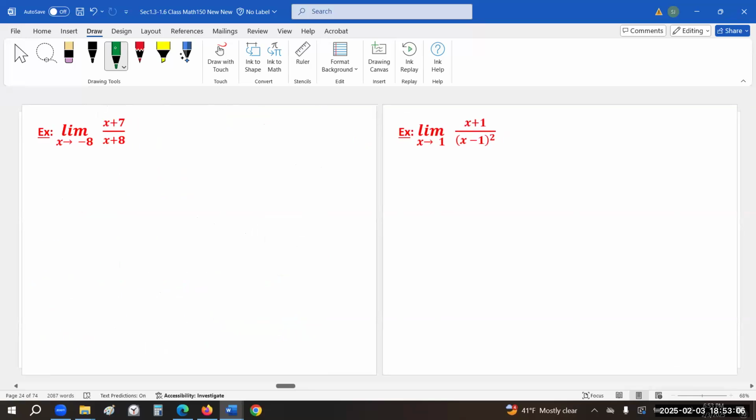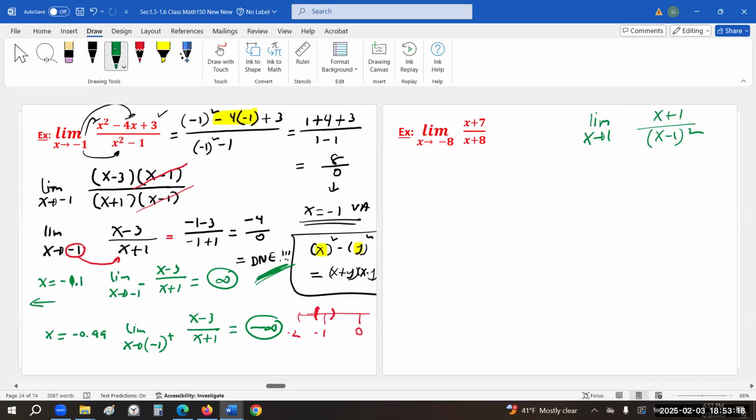I'll write this down here so I don't have to keep flipping them. Limit as x goes to 1 of (x plus 1) over (x minus 1) squared. So do both of them. Let me know when you are done.